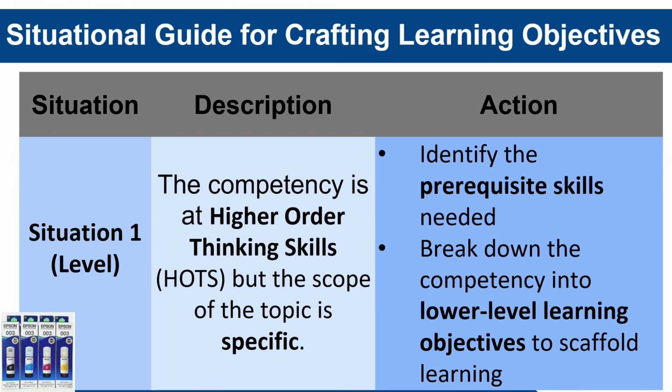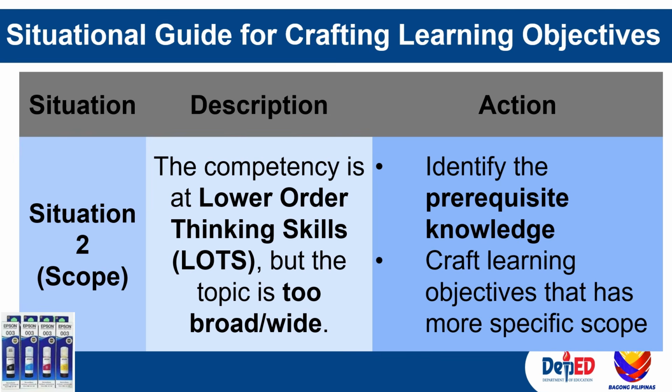So, if the competency is HOTS, we are to identify the prerequisite skills needed. We're going to break down the competency into lower level learning objectives to scaffold learning. Okay? Identify the prerequisite skills.